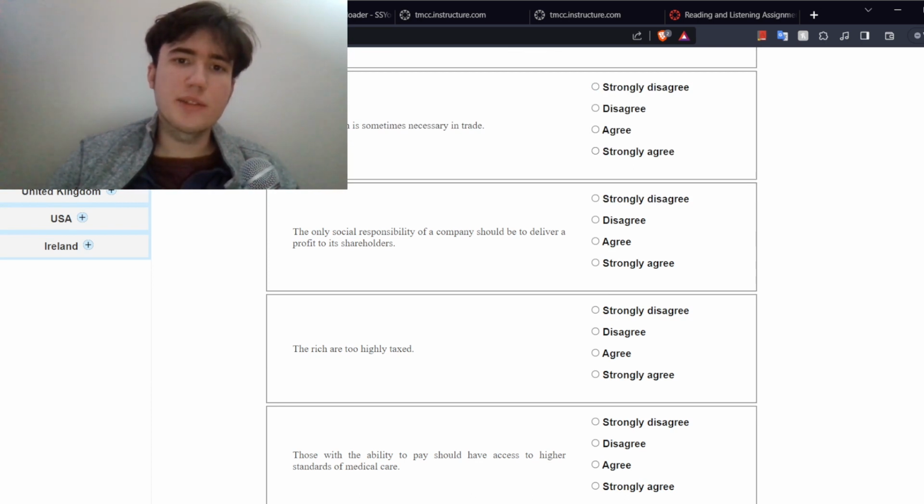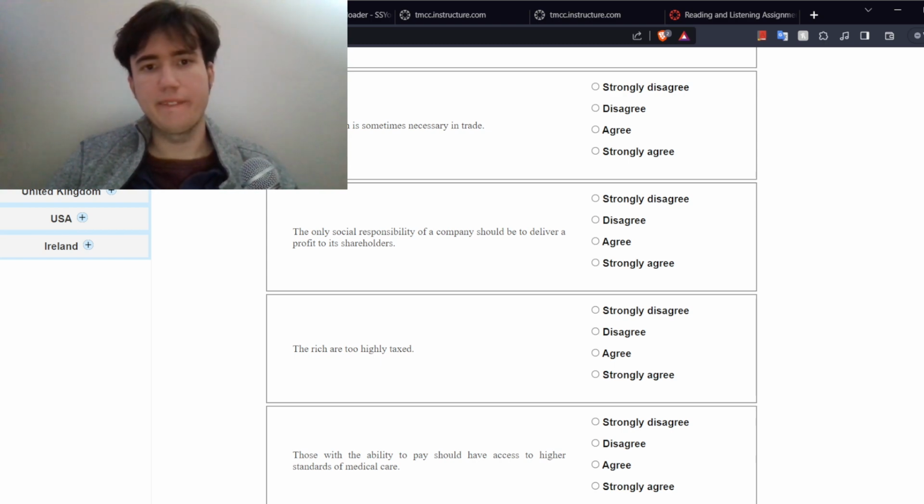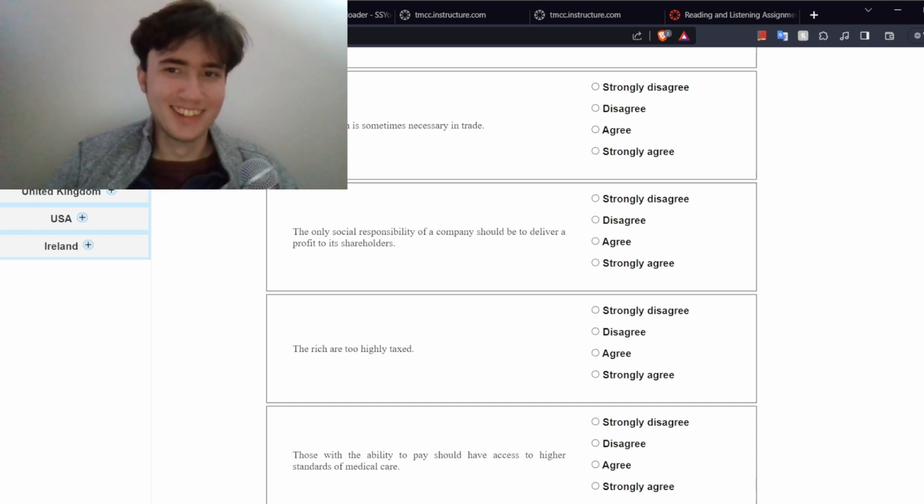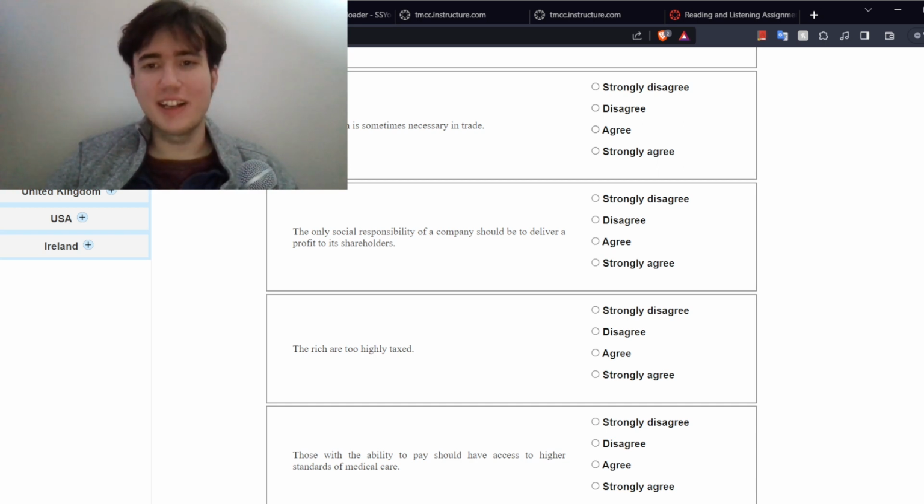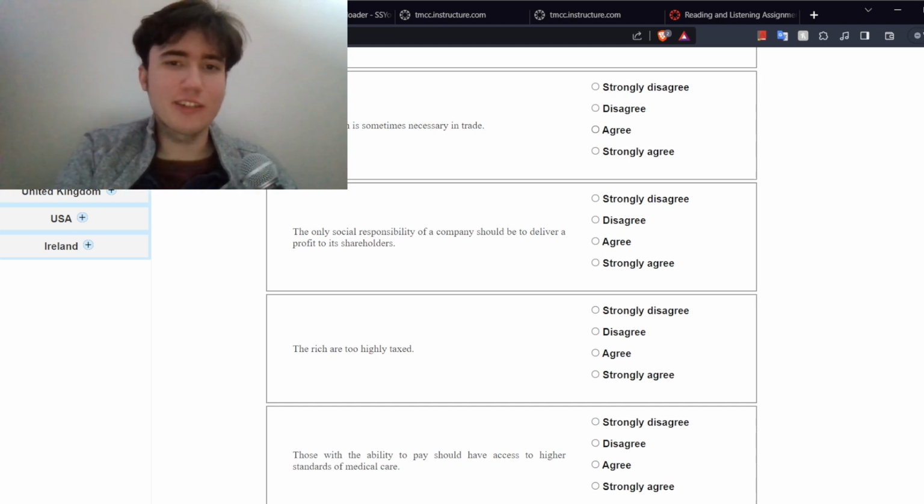Protectionism is sometimes necessary in trade. This is, I don't know. And there's no I don't know button, right? There should be an I don't know button, because most things in life are I don't know.